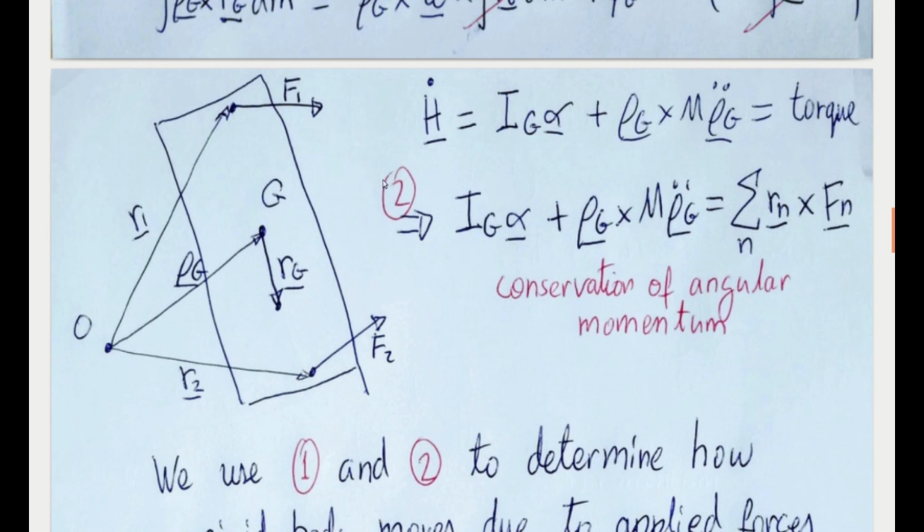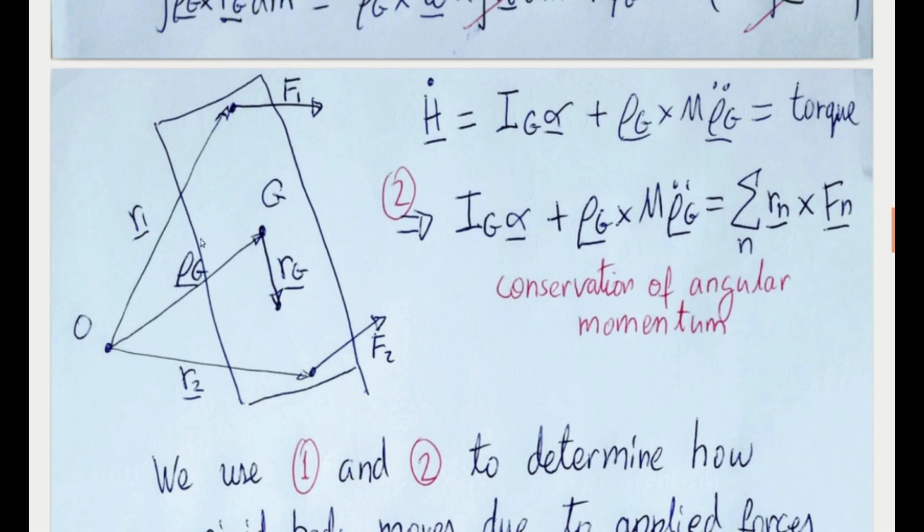So note that this is the torque around O, okay? So this is when you have the origin O anywhere you like. So I'd like to make a note here: what happens if we used O as G? What if we placed our origin at G? Well, rho G in this case would be 0.